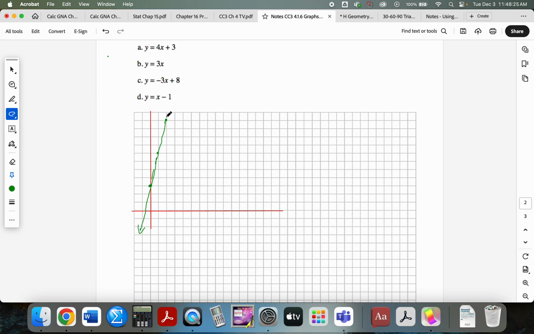About like that. So here's a growth triangle. That's 1 and that's 4. Here's the y-intercept. The coordinates for that point are 0, 3. And it said label it with the equation, y equals 4x plus 3.